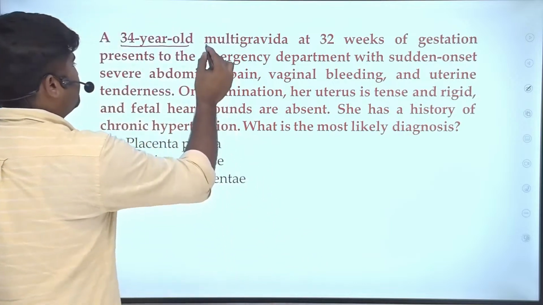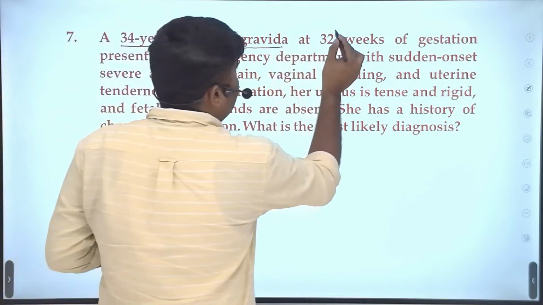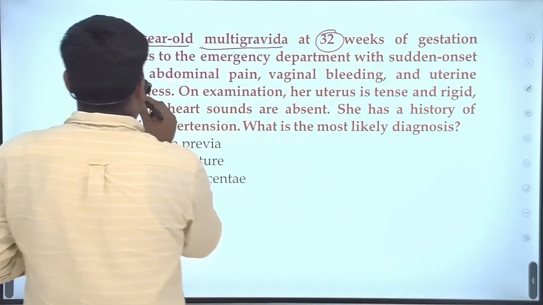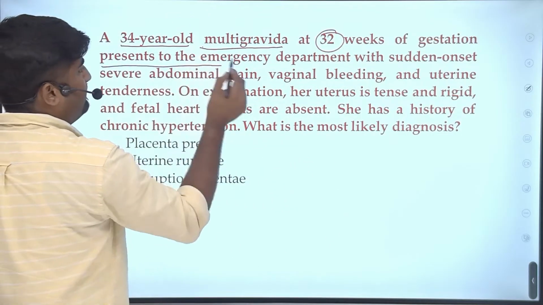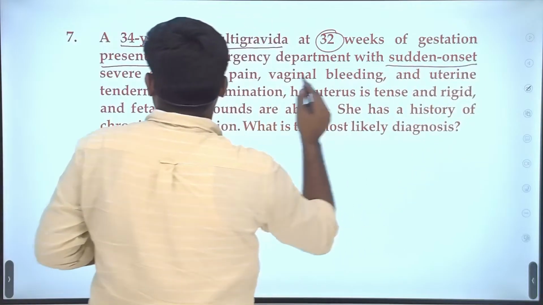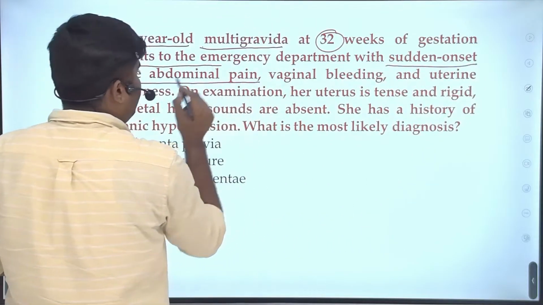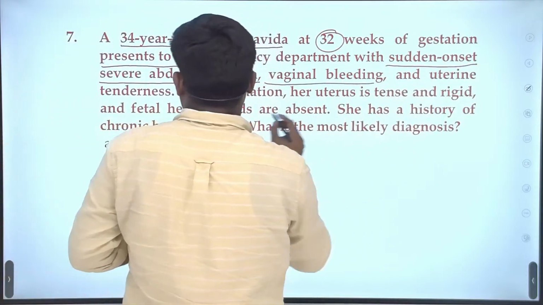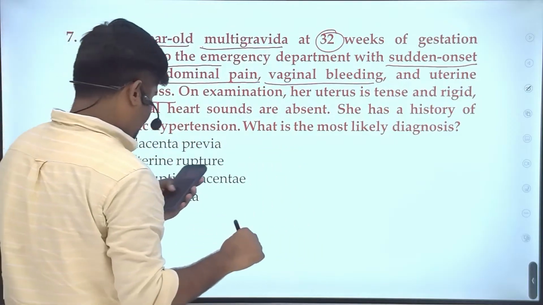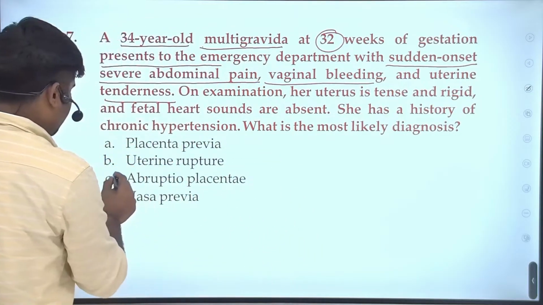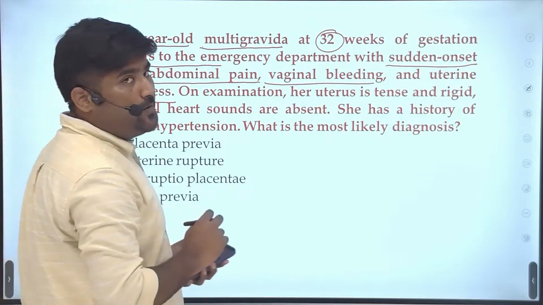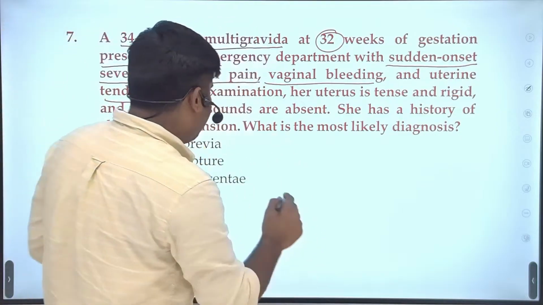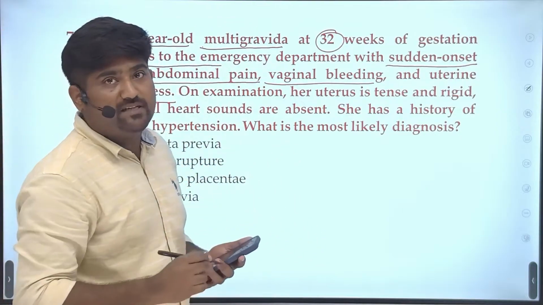Okay. Yes. Quick, fast. A 34-year-old multigravida at 32 weeks of gestation presents to the emergency department with sudden onset of severe abdominal pain, vaginal bleeding and uterine tenderness. It is easy, right? Abruptio placentae. If it is painless, then we can go for placenta previa.